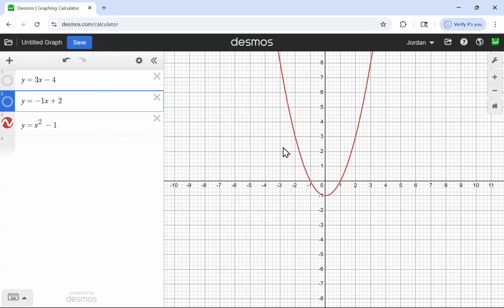Now, y equals x squared minus 1. Again, I just have to type that into my equation. The caret key does the exponent, and I get this. Again, if I left click, it'll highlight points on there.